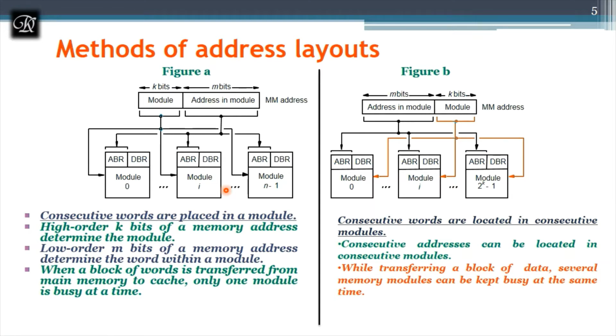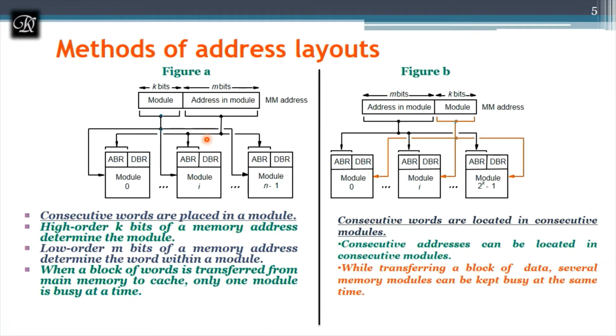Two methods of address layout are indicated here. In the first case, the total memory address given by the processor is decoded as k bits and m bits. The higher order k bits name one of n modules, and the lower order m bits name a particular word in the module. So the higher order bits select one module, and the lower order bits select the word inside the module.